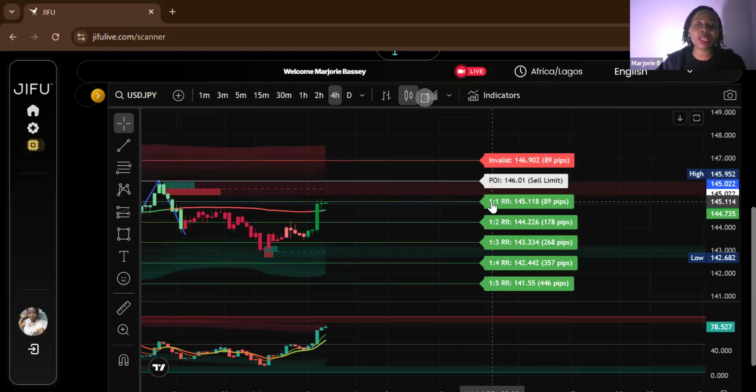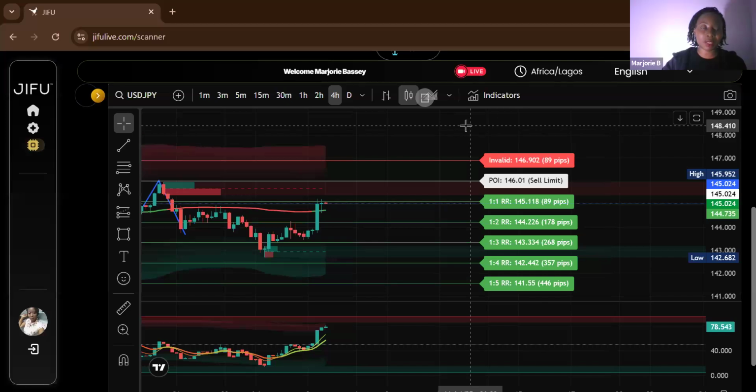1-to-1 risk to reward means that when this trade hits your TP1, it's going to give you $10 back. If it hits your TP2, it will give you $20, that's twice your SL. Hits TP3, TP3 is 3 times your SL, $30, and then TP4 will be 4 times, TP5 will be 5 times.